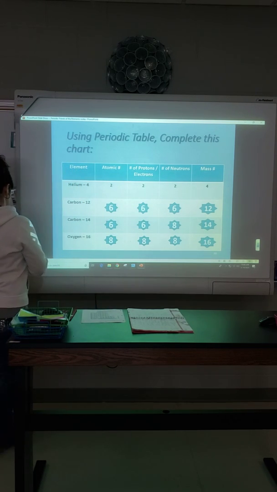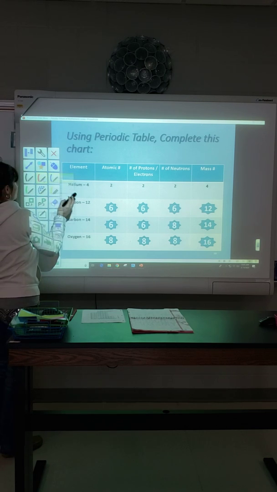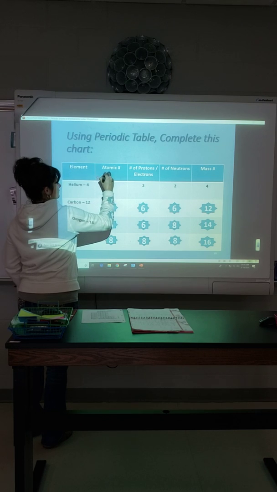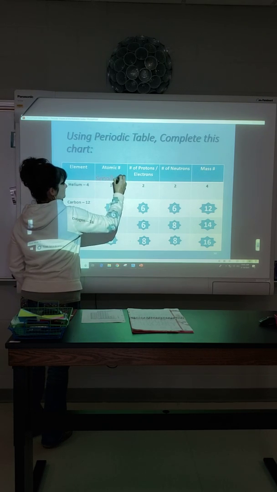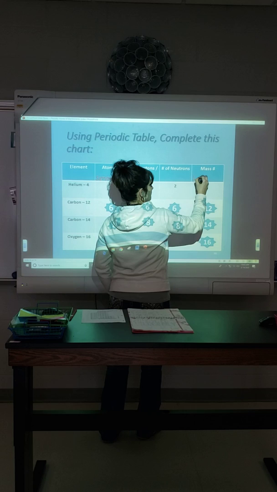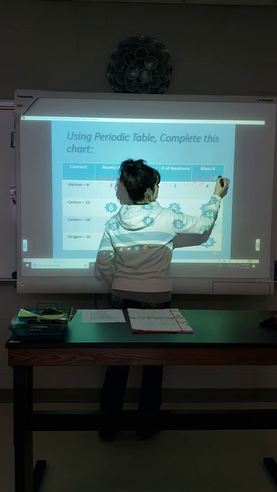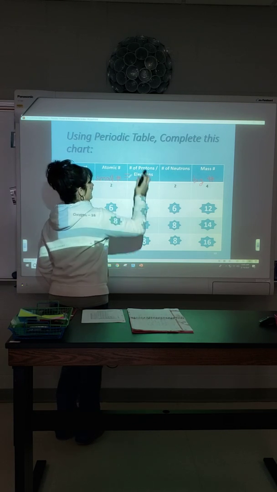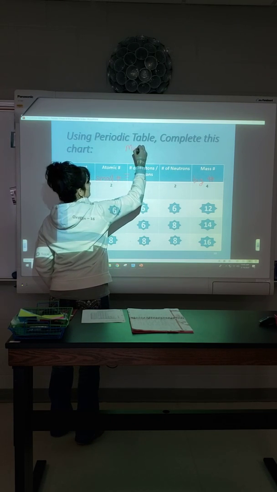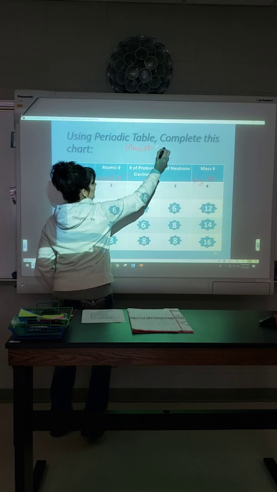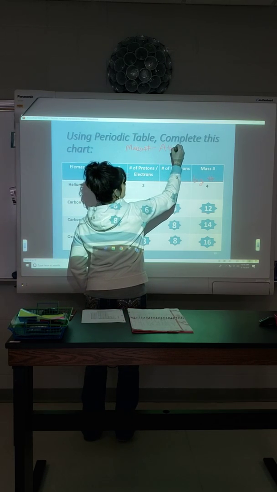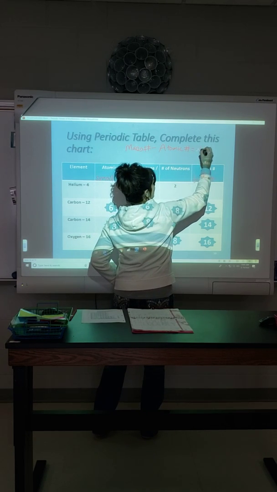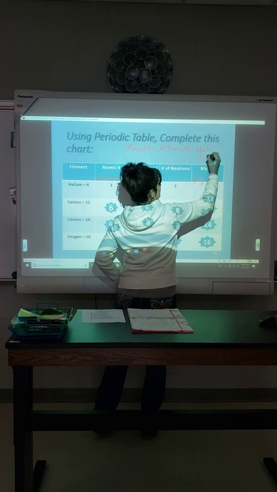So on this table, you might want to put the small number, big number. You might want to put that these will equal each other. And again, mass number minus atomic number equals number of neutrons.